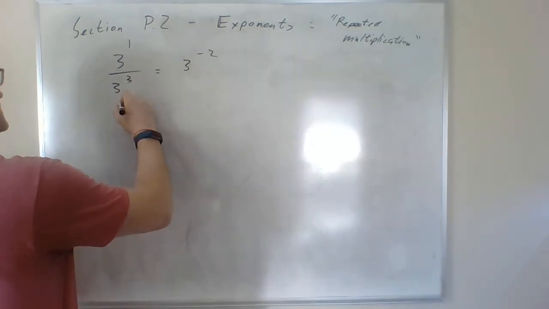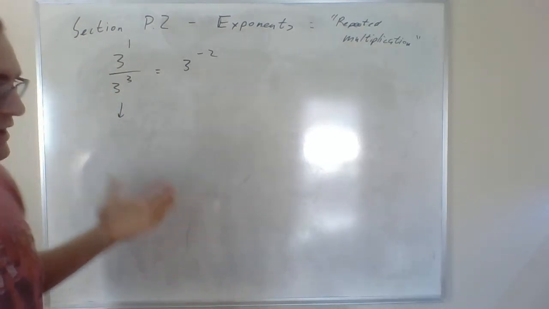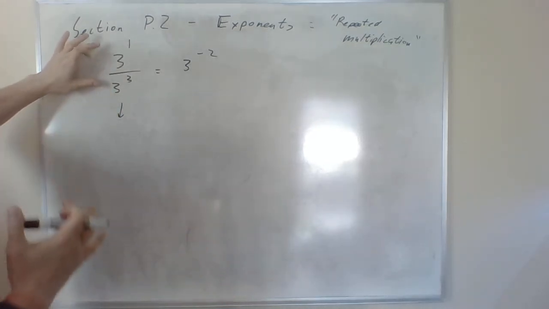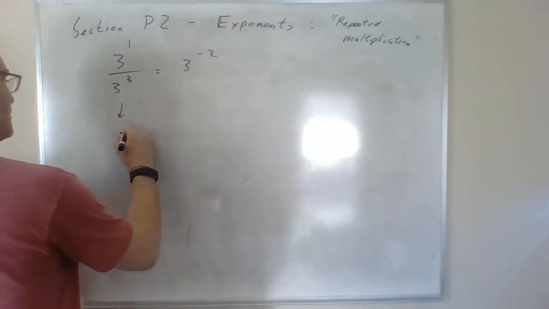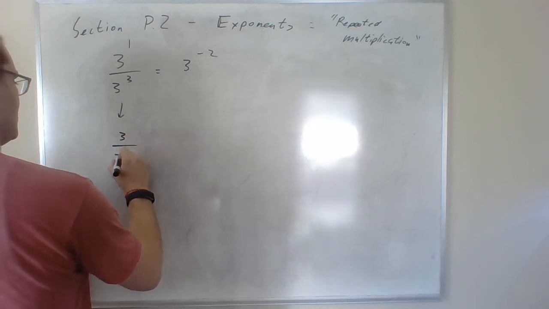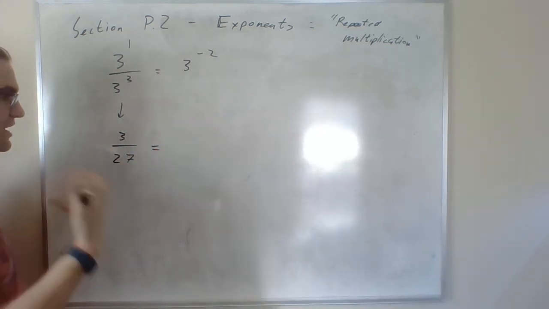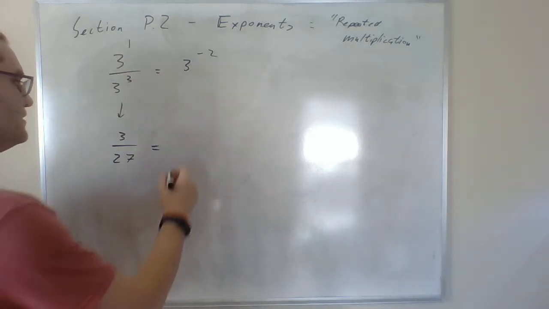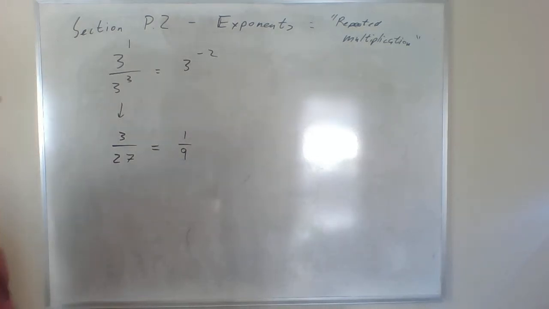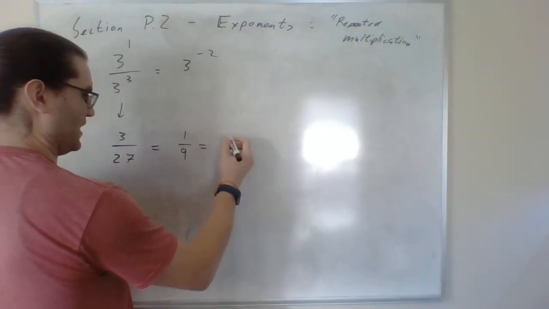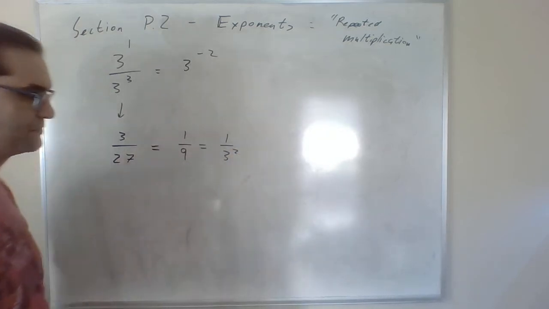The good news for us is that these are small enough numbers. 3 to the 4th and 3 to the 6th are getting pretty big, and I don't know what those numbers are exactly. But 3 to the 1 and 3 cubed are reasonable numbers. 3 to the 1 is just 3. 3 cubed is 27. This seems like a fraction that I should be able to simplify pretty readily. This looks like it should be 1/9. And 1/9, I think, is the same as 1 over 3 squared.